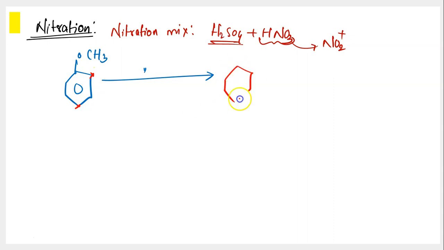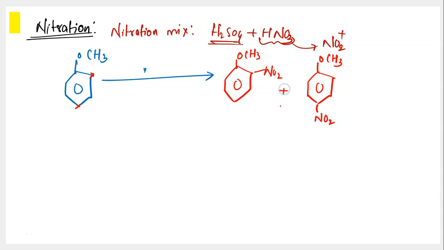So if it is happening at ortho position, you will have NO2 ortho to OCH3, and if the attack is happening at para position, you will have NO2 para to the OCH3 group. All right, and you call this molecule 2-nitroanisole, and this is the ortho isomer and hence this is a minor product.